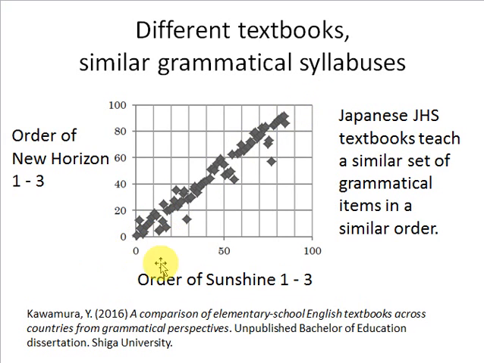So if they presented the grammatical items in a completely different order, then we would have these points scattered all over the place. But here these points are almost on a straight line. So we can say that Japanese junior high school textbooks teach grammatical items in a very, very similar order.